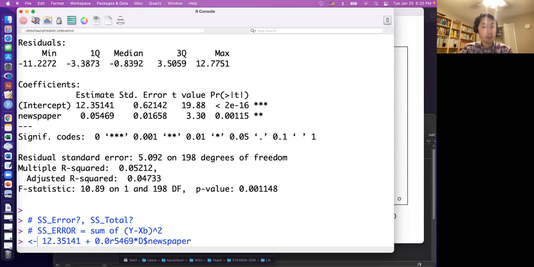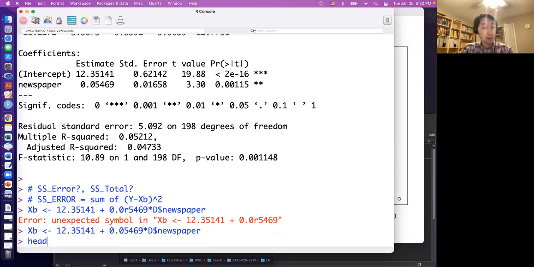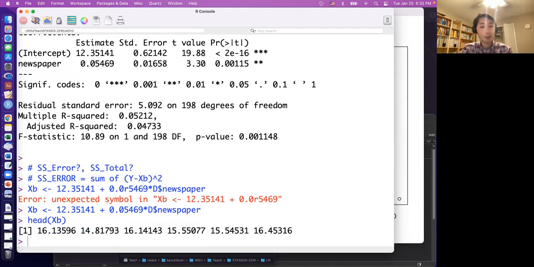We want to calculate this as the x beta, the fitted value. The first several observations are this, but this can be obtained by the fitted values of the LM1 model.